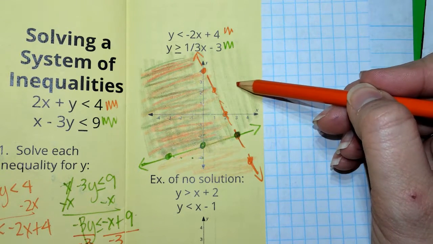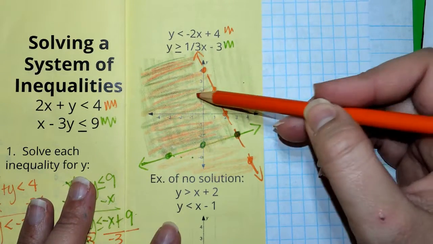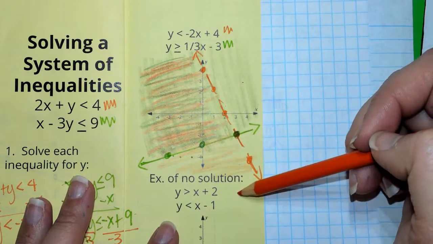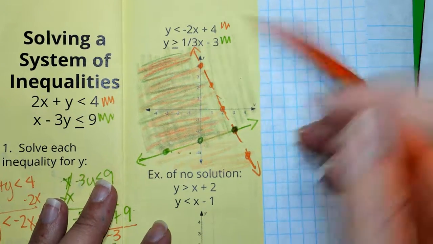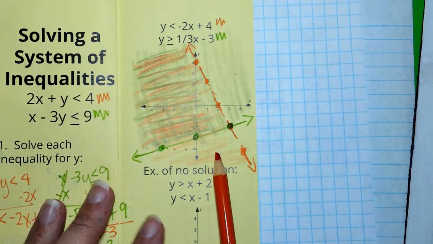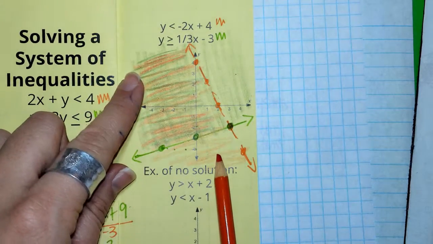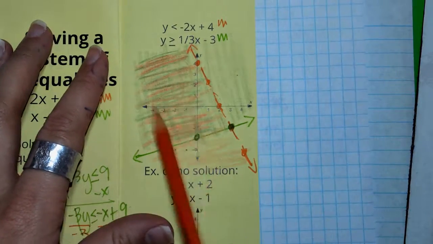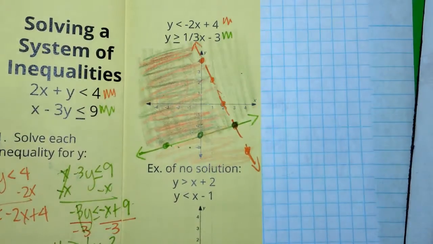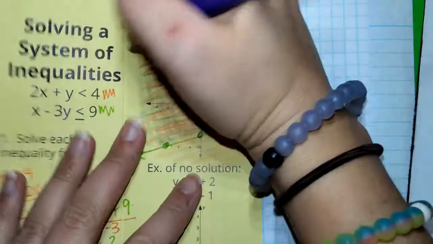Because the first one you had to shade below it. It has to be under the orange line, right? And is this section under the orange line? No, so it's not a solution. Now, this is under the orange line, but what is it not above? The green one, so it's not a solution. And this satisfies nothing. So this is our solution. And you can draw an arrow to it and write solution.